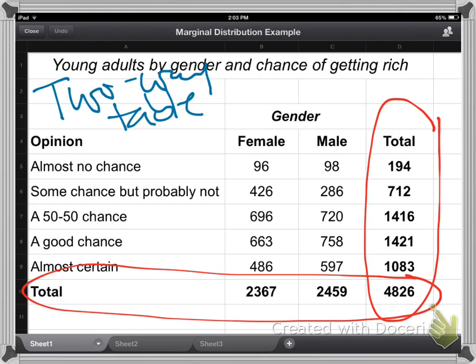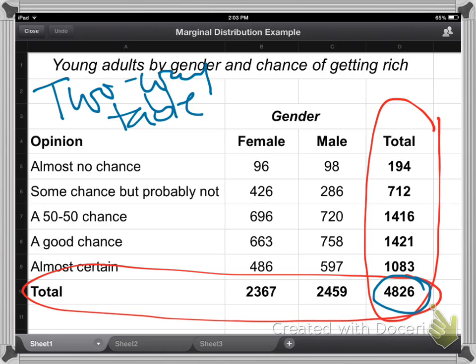So we have the total number of people who said that they had almost no chance of being rich, and then same for all of the other possible opinions. We also have the total number of females and the total number of males who responded to the survey. One last thing to notice about this two-way table is that down here in the farthest right cell, we have the overall total. This gives the total number of respondents to the survey.